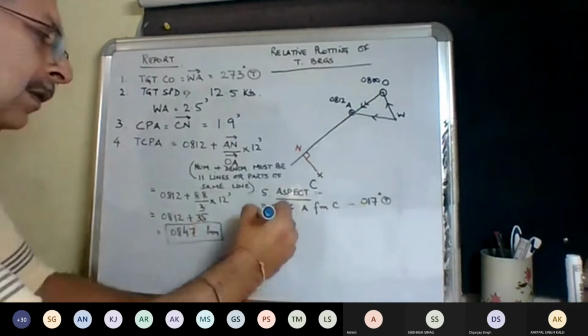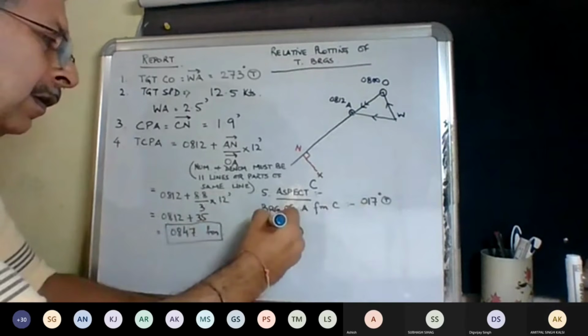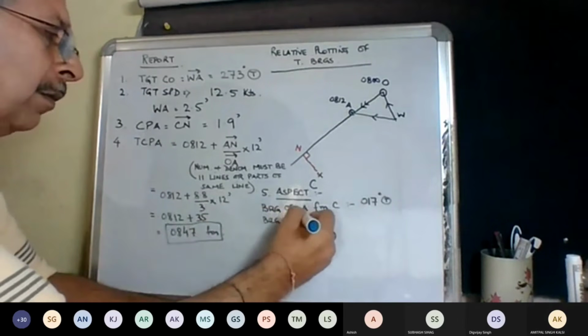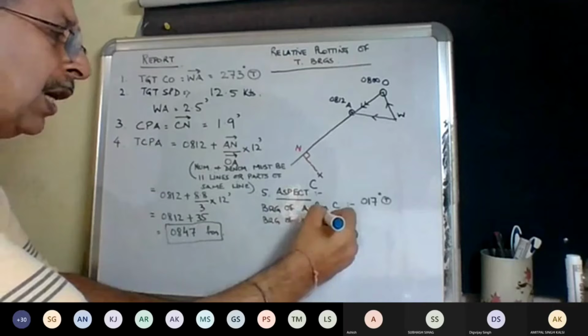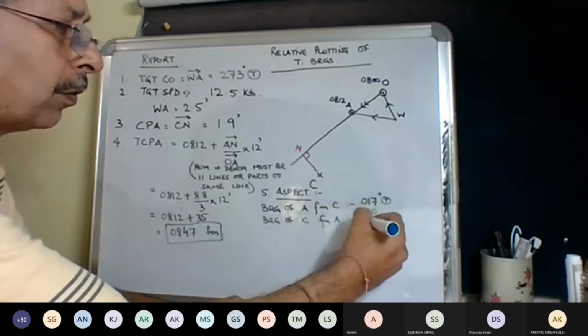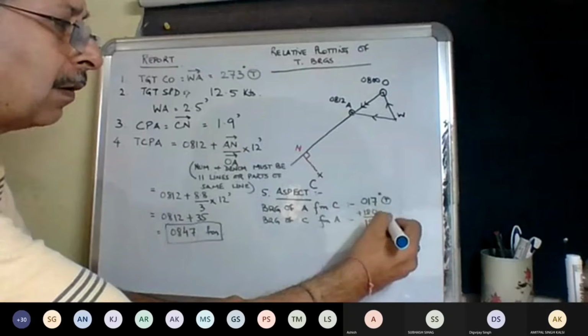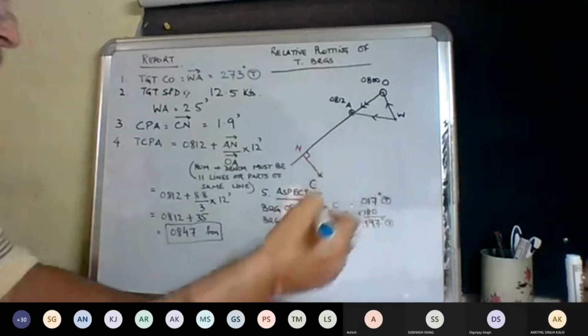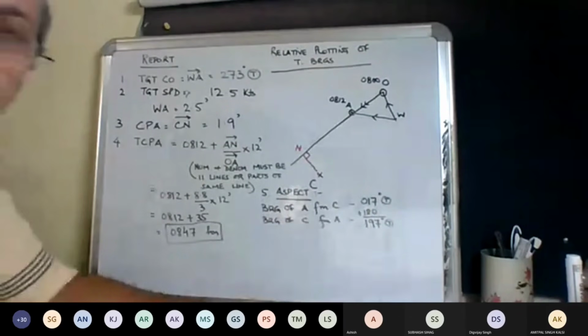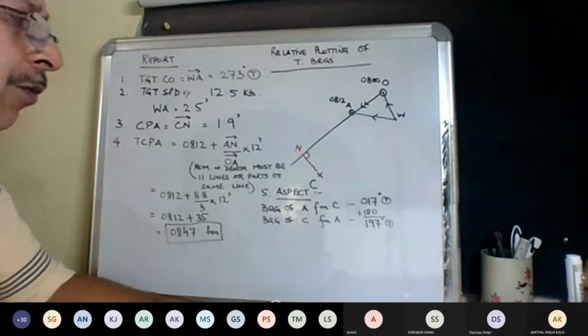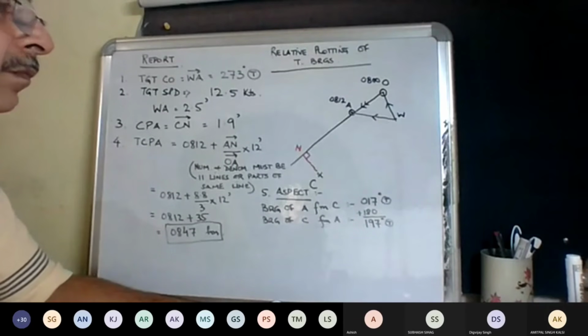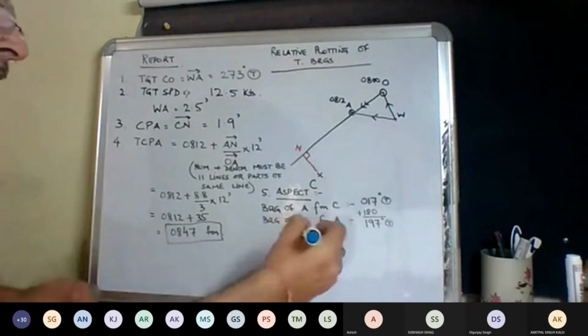Reverse this bearing. So therefore bearing of Charlie from Alpha will be plus 180. It will become 197. This is the bearing of Charlie from Alpha, 197.